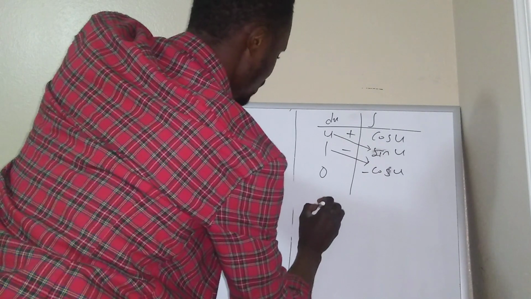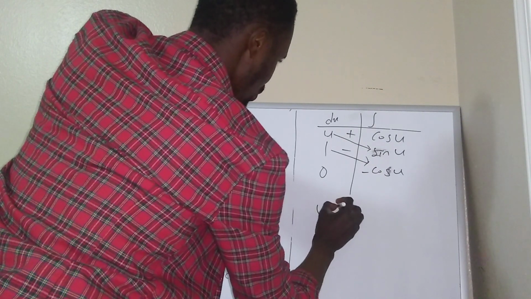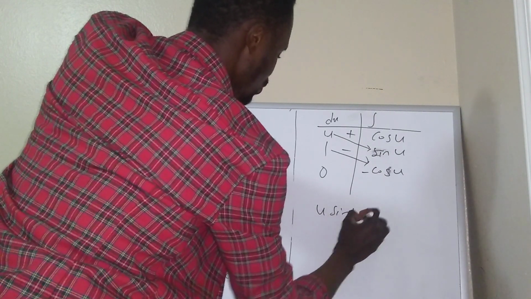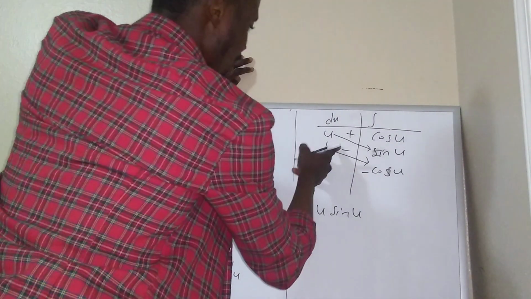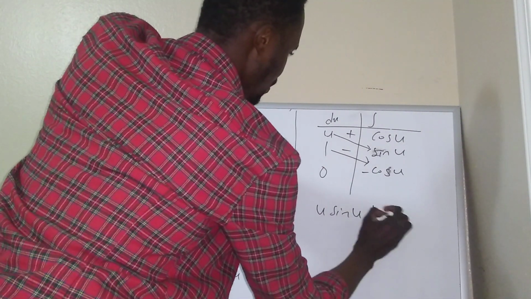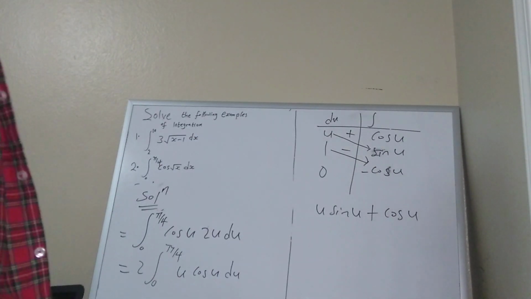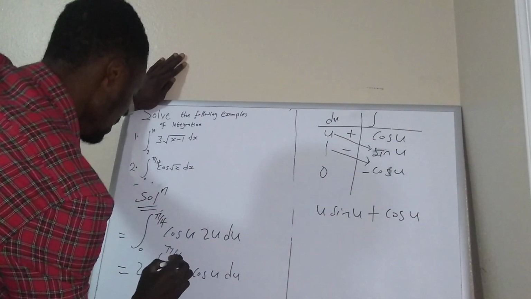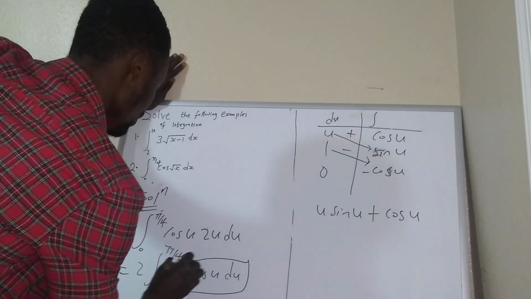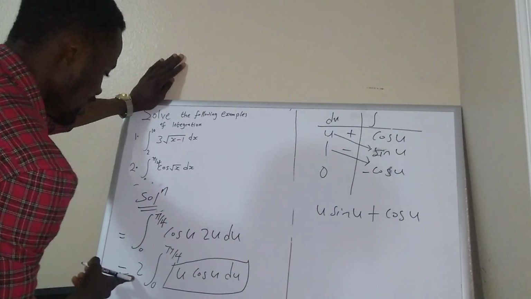So you're going to get u sine u, minus minus, which is plus cos u. This is the integration for this, but don't forget that you have 2 in front.